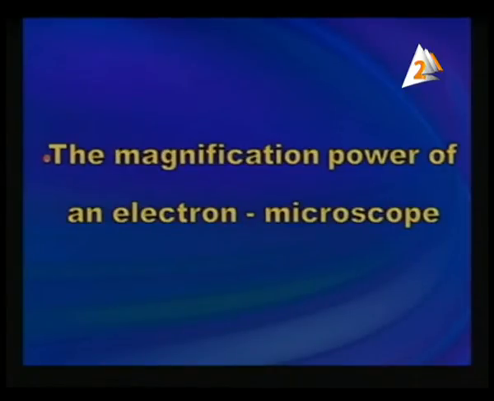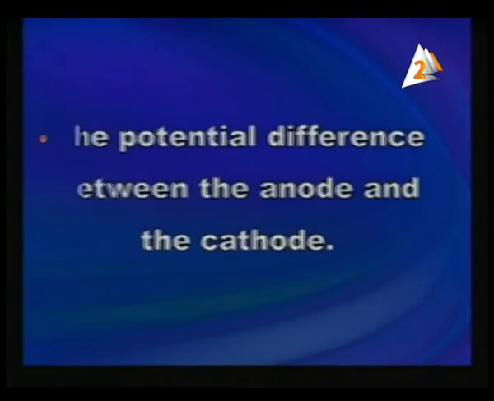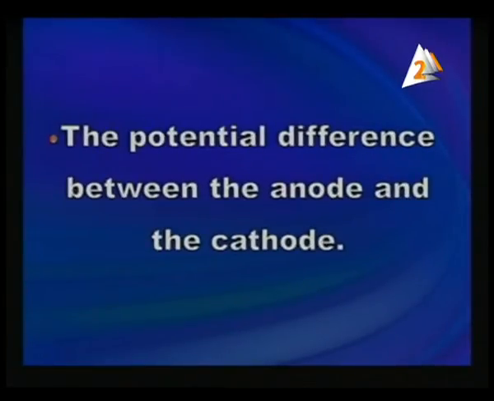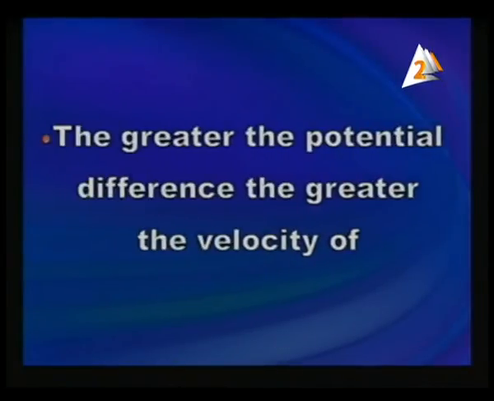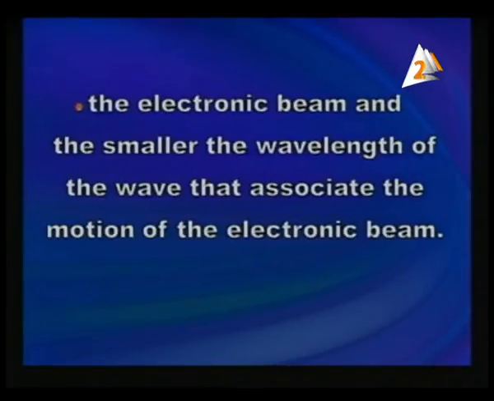And what about the factors affecting magnification power of an electron microscope? The potential difference between the anode and cathode. The greater the potential difference, the greater the velocity of the electronic beam, and the smaller the wavelength of the wave that associates the motion of the electronic beam.